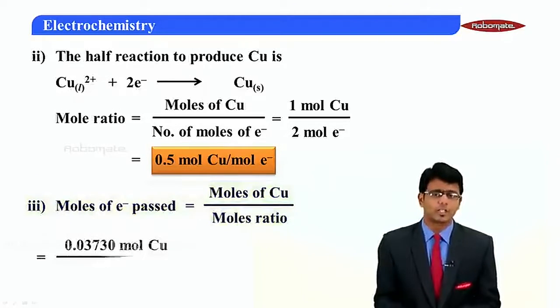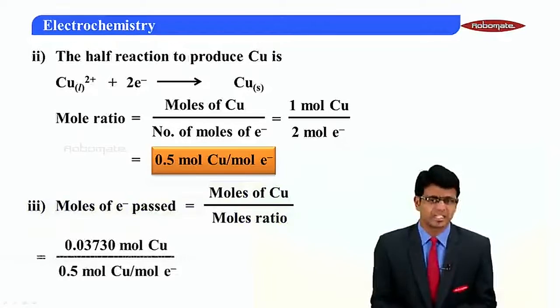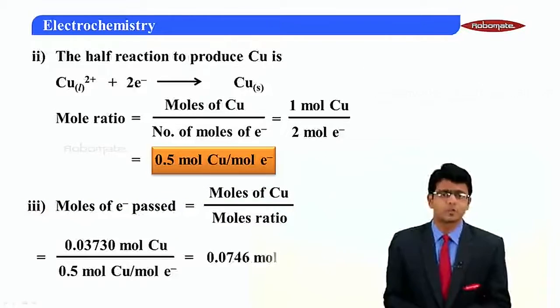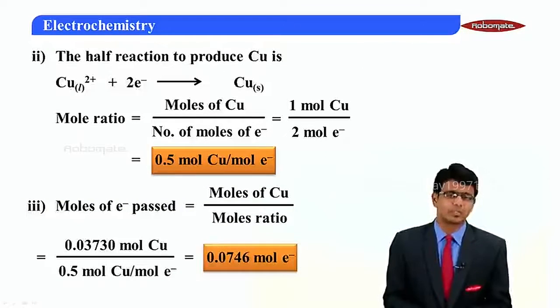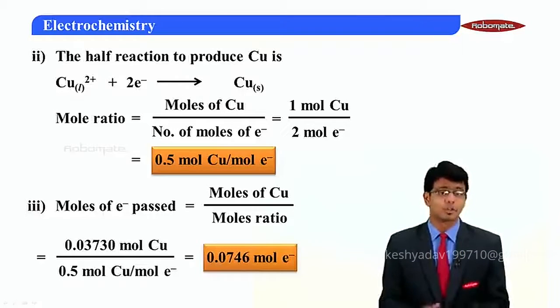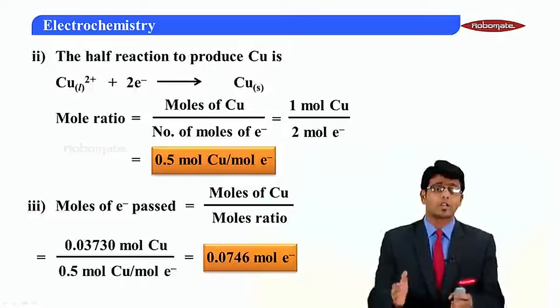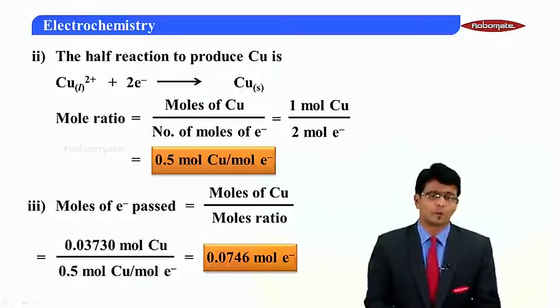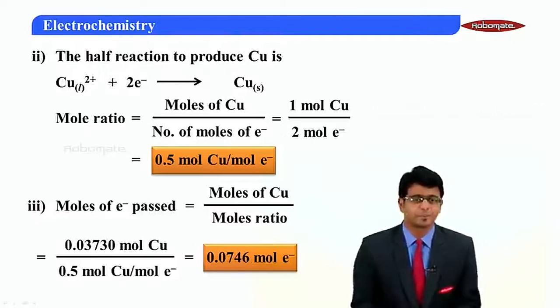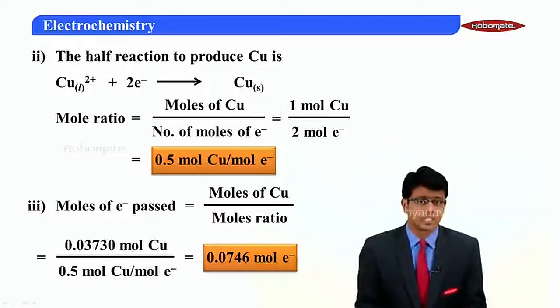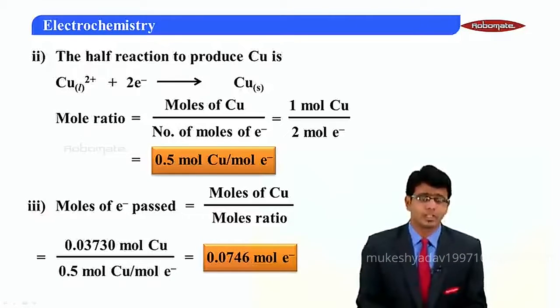So the values are 0.0373 upon 0.5, that is the mole ratio, isn't it? So here answer comes out to be 0.0746 moles of electrons. So these are the moles of electrons which are passed during the electrolysis of copper sulfate solution.